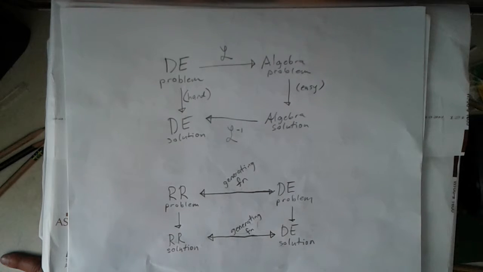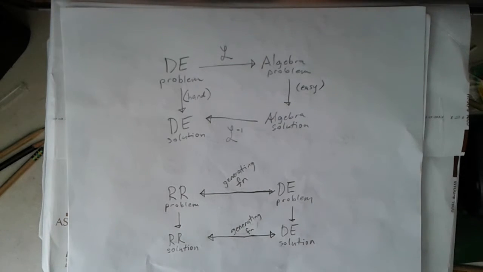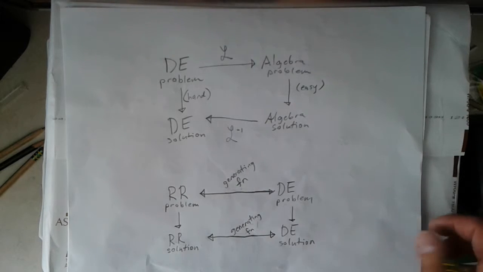And as far as I can tell, this is actually a more practical way to use these generating functions, because oftentimes a differential equation won't have an elementary solution, and so it can be pretty useful to turn it into a recurrence relation, and then we can get a solution in terms of a power series.